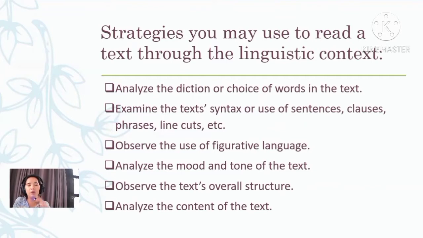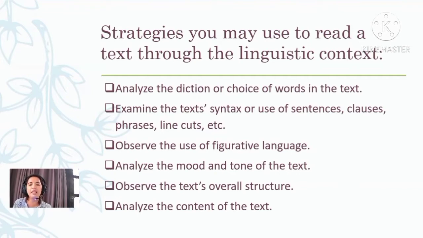Meaning, the words used by the author depend on the level of the audience that the author wants to cater to. So that is what we mean by diction or choice of words. And you look also into what specific language the author used to put color into the literary work.